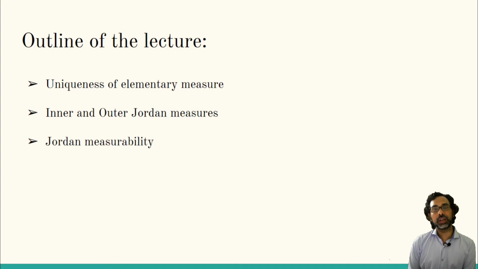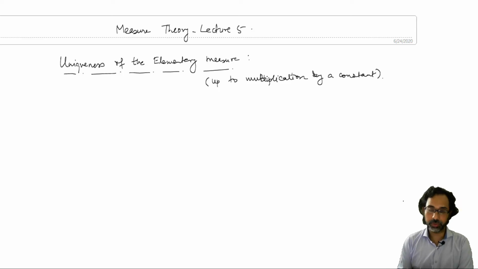We will see that our inner and outer Jordan measures are always finite, and if these two numerical values are equal, then we call that set Jordan measurable. So let's begin with the property of the uniqueness of our elementary measure, but this holds only up to multiplication by a constant. So I will explain what this means and where the uniqueness is coming from.